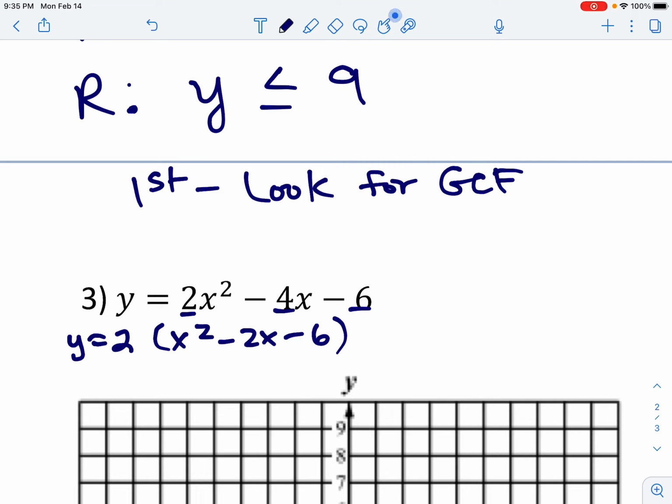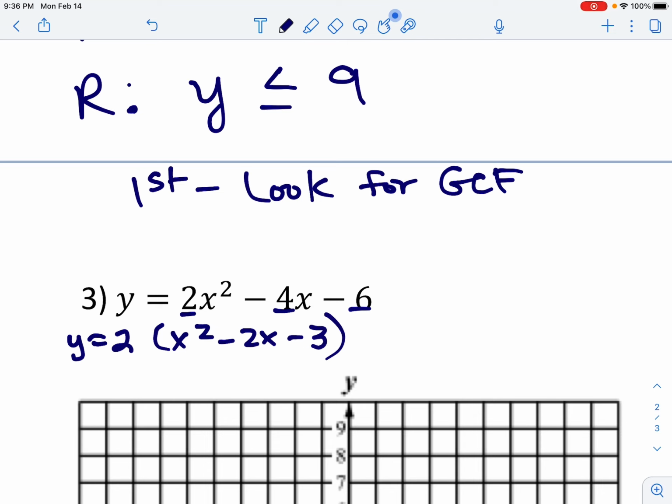So it's prior knowledge. We've already tested on factoring. And so we're not doing anything different except putting it together with new skills. So now that we have y equals 2 times the quantity x squared minus 2x, oops, I did that wrong. That should say minus 3.